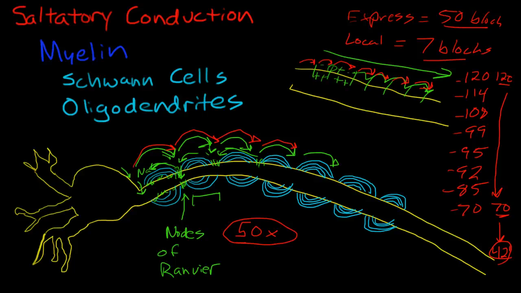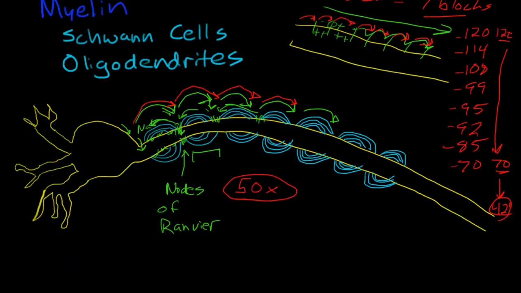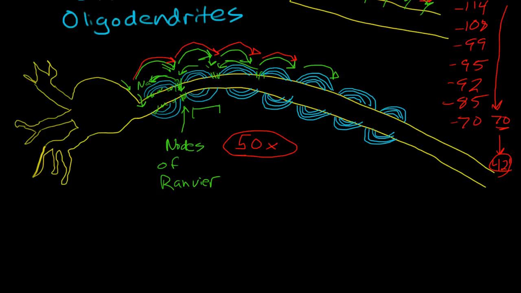Now, the other advantage to myelin is because fewer ions need to be exchanged here, it reduces the amount of energy used by the nerve cell. Now, if you picture, I'm going to move down here a little bit, over time, when there are many nerve impulses happening over a period of time, it's going to start to have a substantial amount of sodium moved from outside the cell into the inside of the cell.